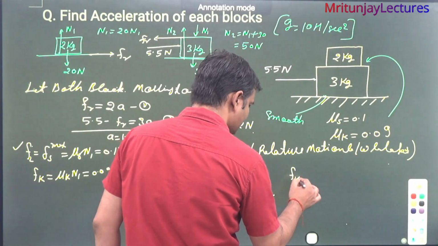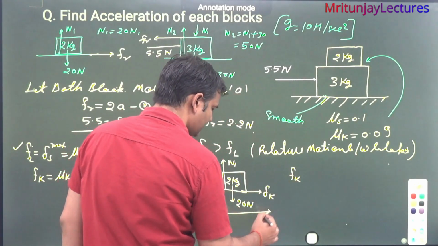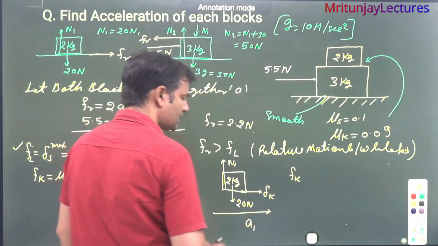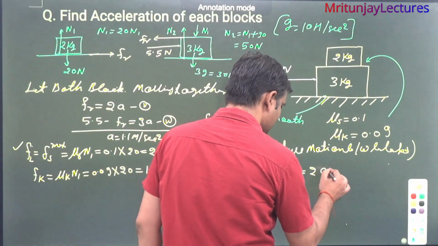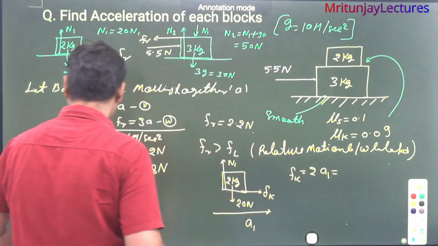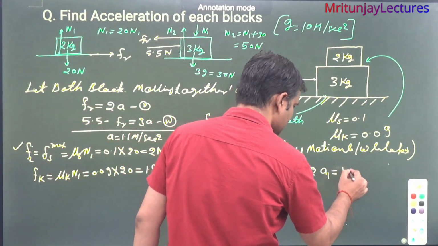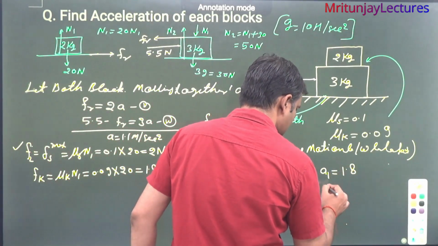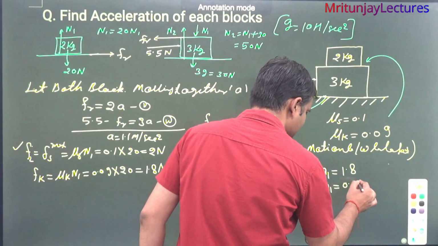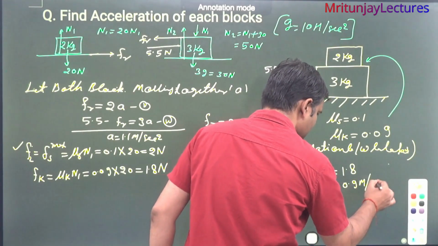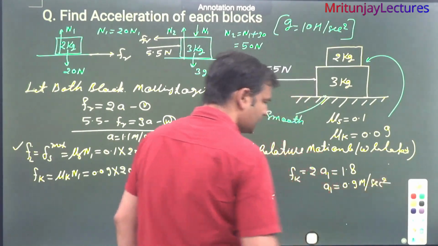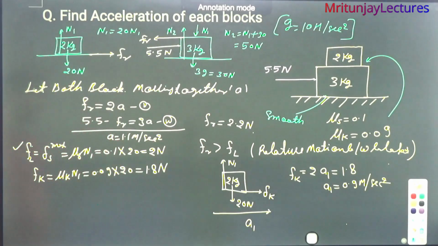Suppose this block moves with acceleration A1. So 2 into A1 equals Fk. Fk is 1.8, so A1 is 0.9 meter per second square. Clear or not? It's very simple.